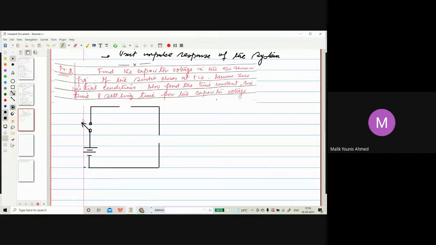This is your switch. Then at t equal to 0, the switch will close like this. This is your resistor.